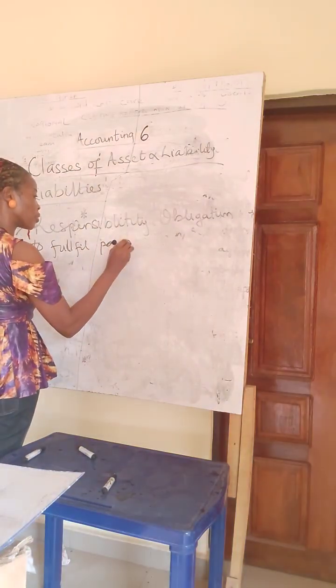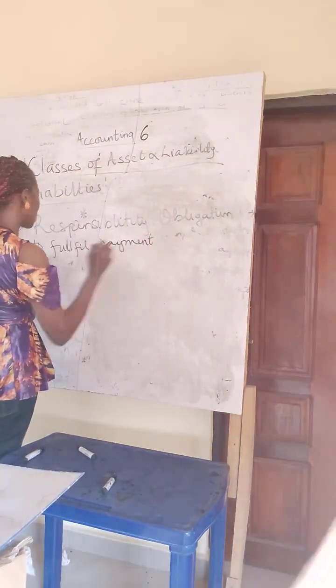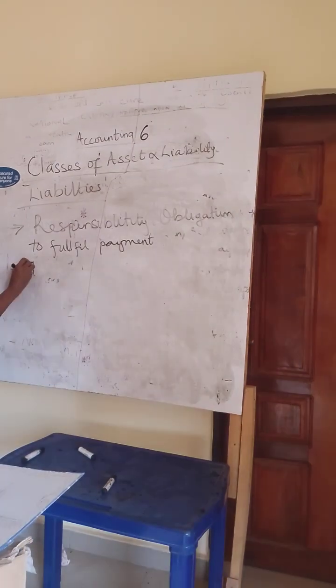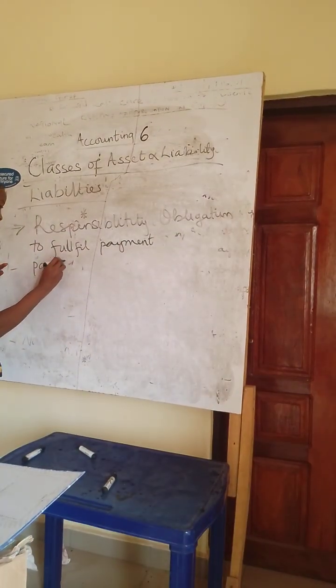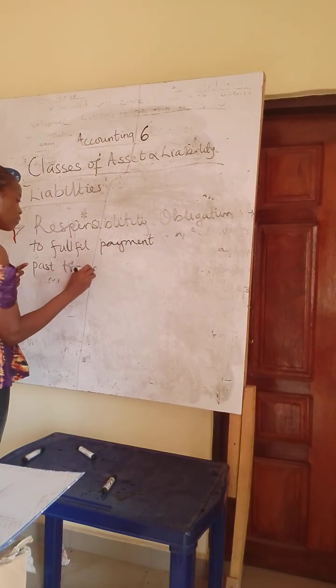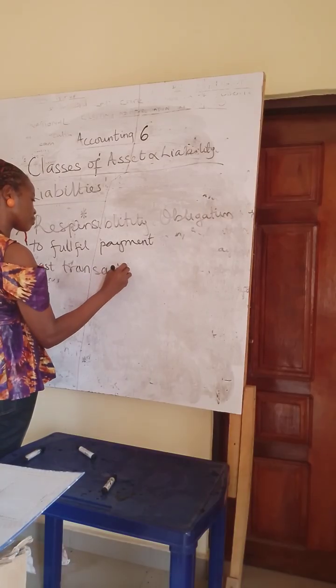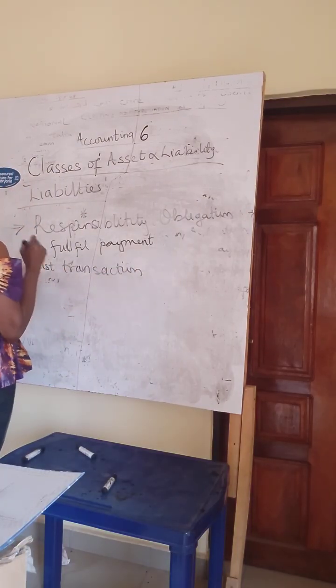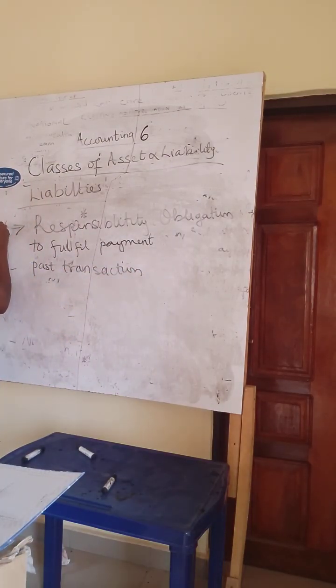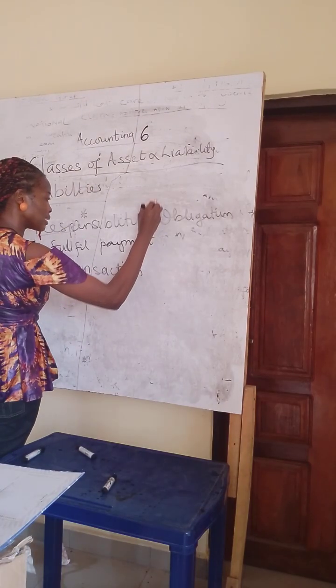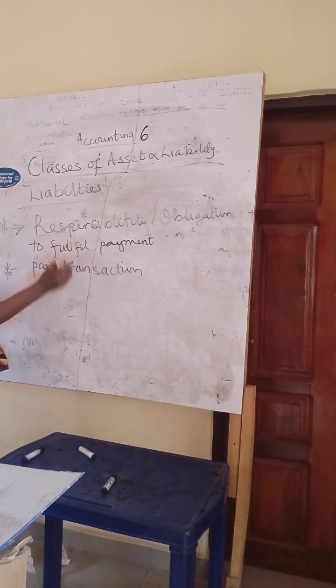You're owing somebody money as a result of what? Past transaction. Something that happened, even if it's yesterday, in the past. So anything that fits these characteristics is what? An obligation, is a liability, is a responsibility or an obligation as the case may be to fulfill a payment.